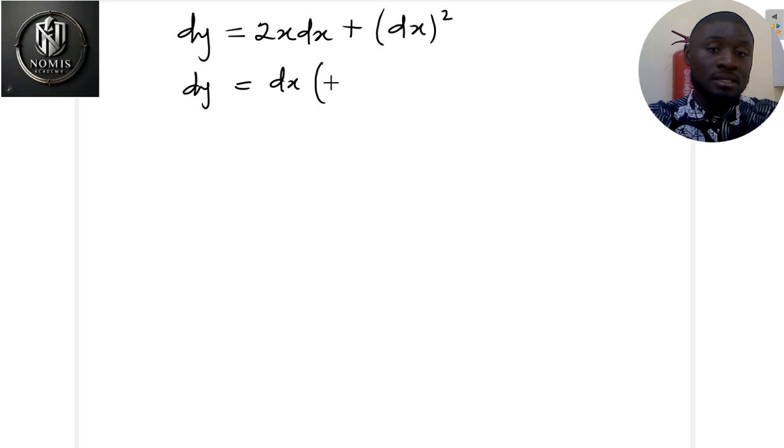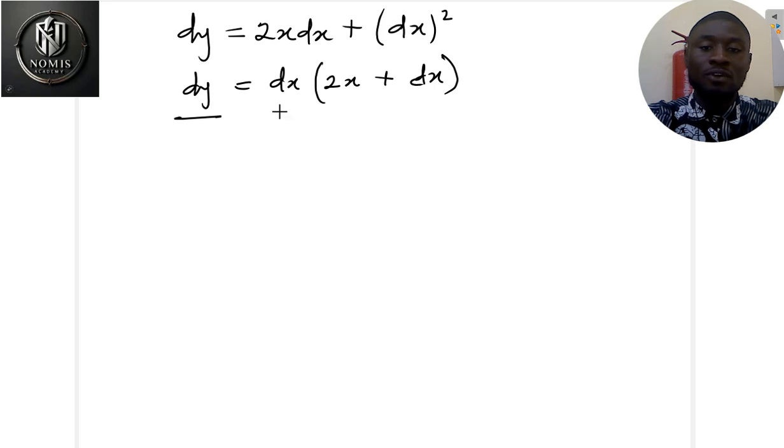To complete this, I'll just need to multiply it by 2x, so that if I open this bracket, δx multiplied by 2x will give me 2xδx. Now, plus, I have δx here, so that makes it 2x plus δx. You know, this is δx squared, so δx multiplied by δx will give me this. So I just factorized it out.